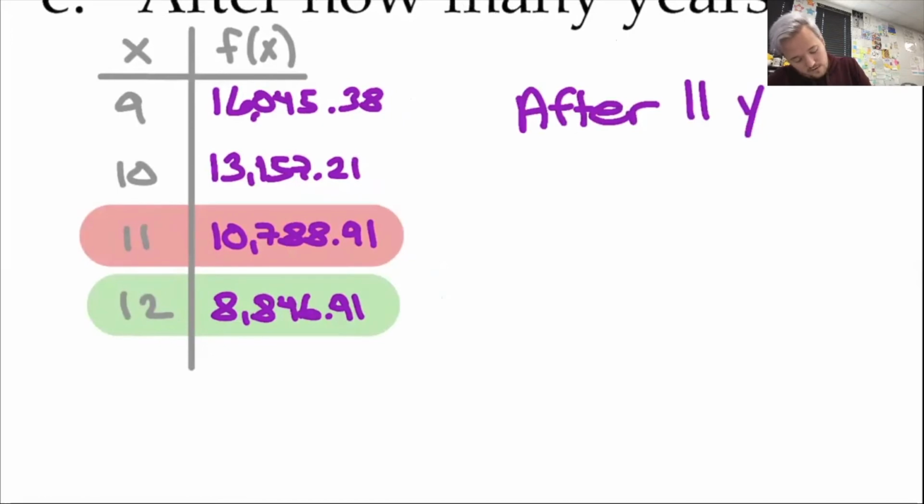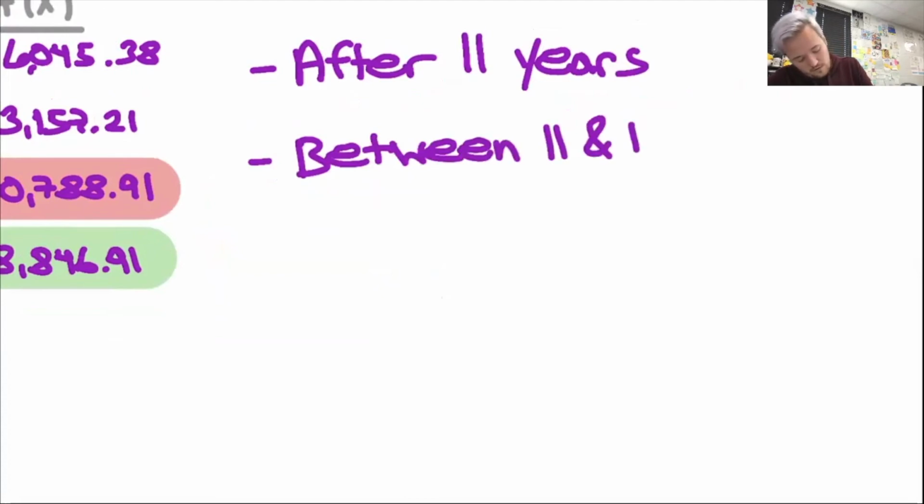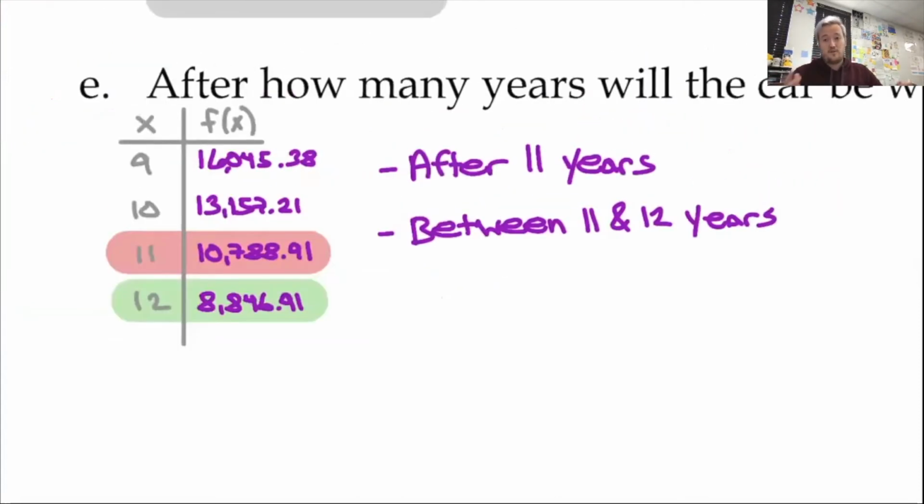All right, so your final answer here is after 11 years. Or you could say between 11 and 12 years. So this is the algebra way to solve this.